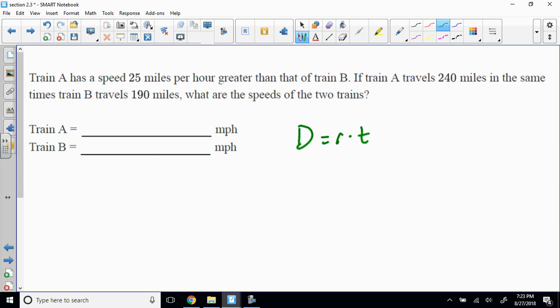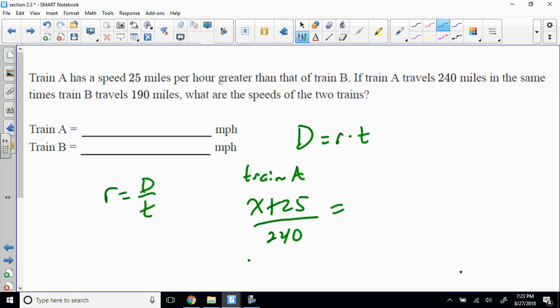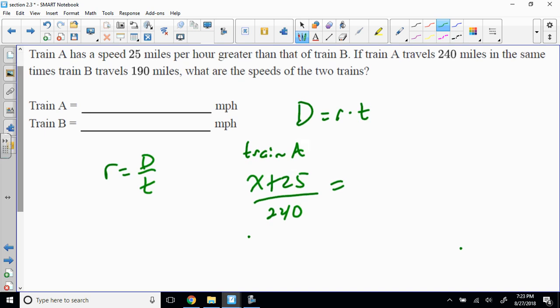So we'll say R is D over T, right? And they gave us a relationship between the speeds. They said train A was 25 miles per hour greater than train B. So what we're going to do is this. We will say train A is x plus 25 over 240, and I'll explain where these numbers come from in a second.